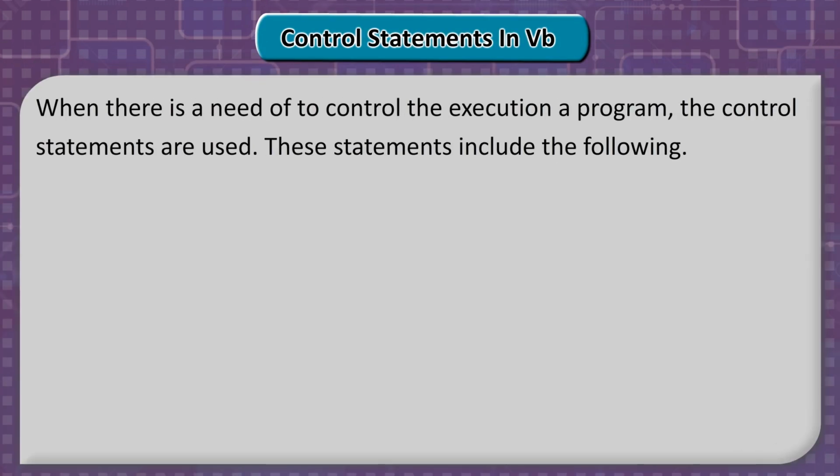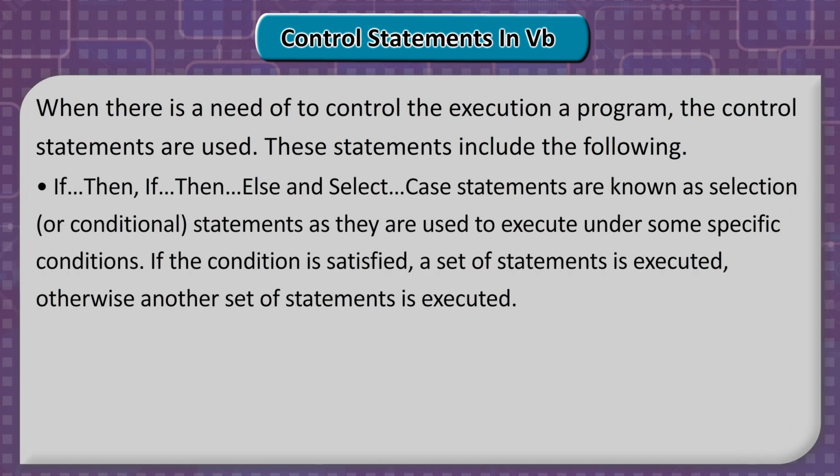Control statements in VB. When there is a need to control the execution of a program, the control statements are used. These statements include the following: if, else and select case statements, known as selection or conditional statements as they are used to execute under some specific conditions.